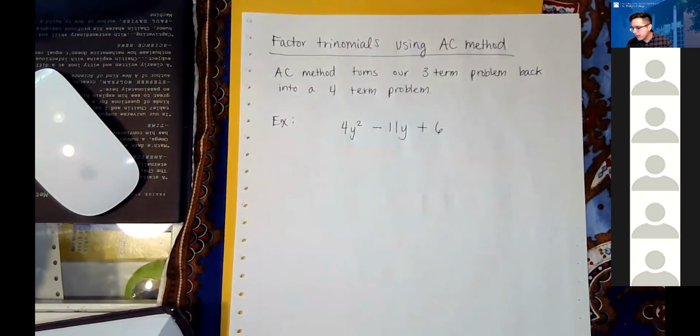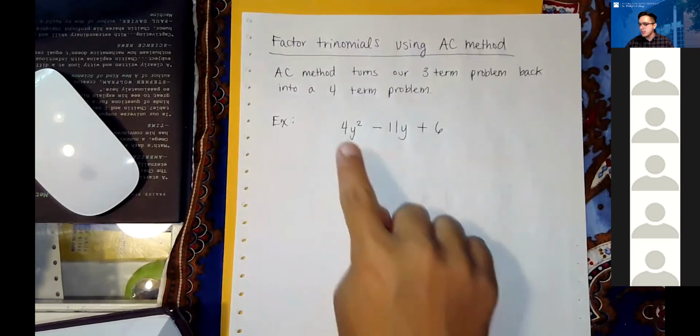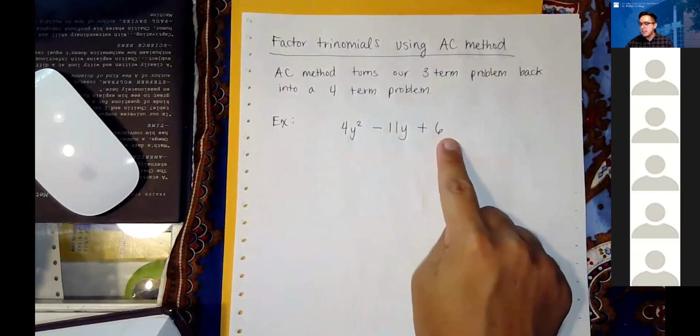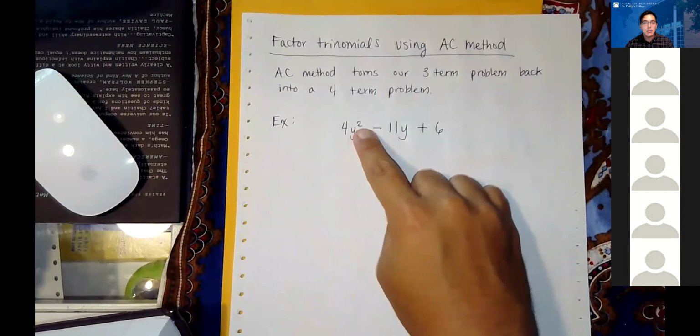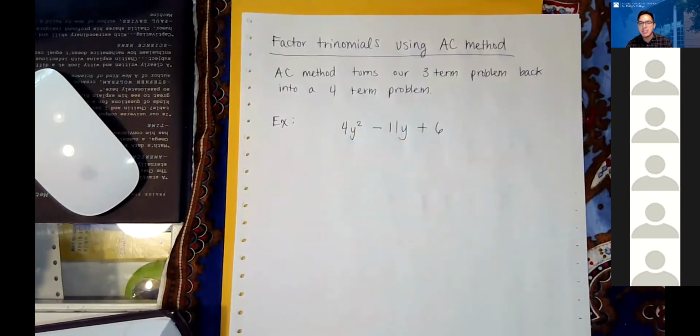Well, right away, if we examine each of the terms in this polynomial expression, there are 3 terms, 1, 2, 3. You might call this a quadratic trinomial because we have a term that's squared, but again, we're going to talk about equations later. So we might not refer to this as a quadratic yet, just as a trinomial.